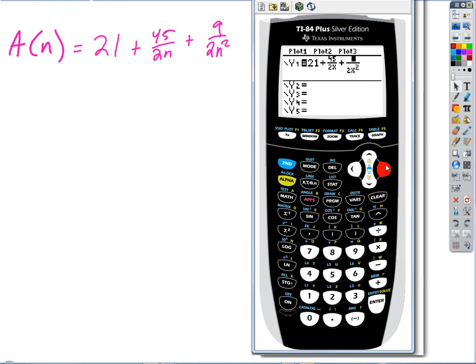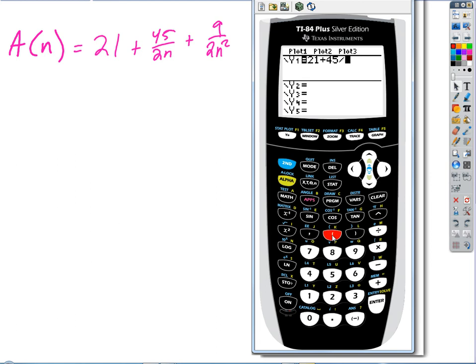So I really want to look at these as decimals. There we go. Okay, so what I have, 45 divided by the quantity 2x, plus 9 divided by the quantity 2x squared.